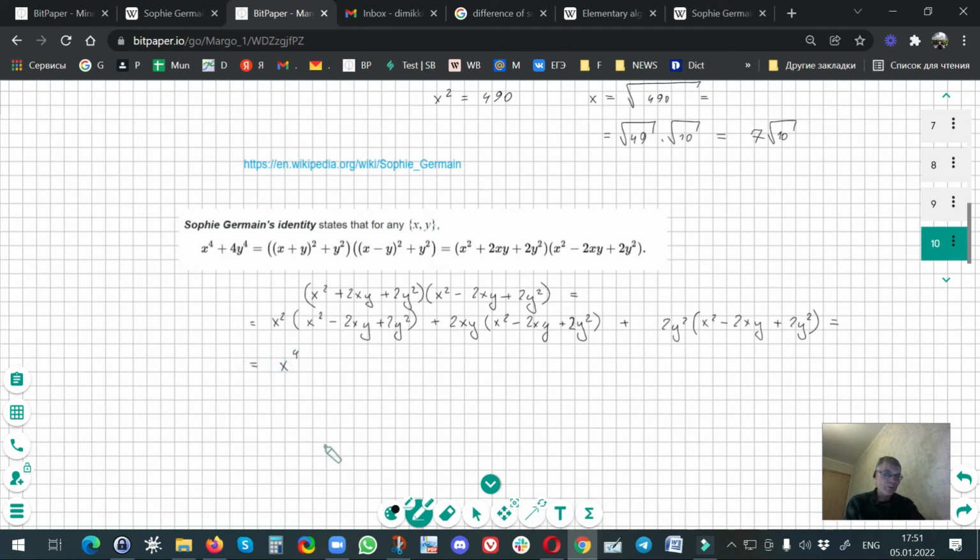X to the power of 4 minus 2x cubed y plus 2x squared y squared plus 2x cubed y minus 4x squared y squared plus 4x y cubed plus 2y squared, let me put x first, 2x squared y squared minus 2x y cubed, and in this case it's 4.